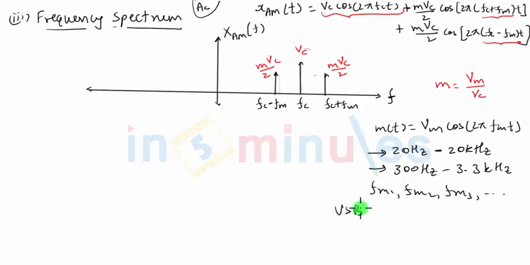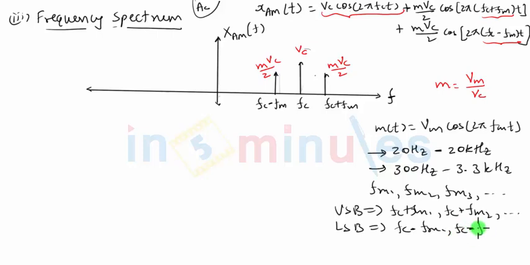So the upper sideband will consist of frequencies like fc plus fm1, fc plus fm2, fc plus fm3, and so on. And the lower sideband will consist of frequencies like fc minus fm1, fc minus fm2, fc minus fm3, and so on. Hence we will have a band of frequencies around the carrier frequency in any practical signal, and we call them the upper sideband and lower sideband. So it becomes a double sideband full carrier signal.